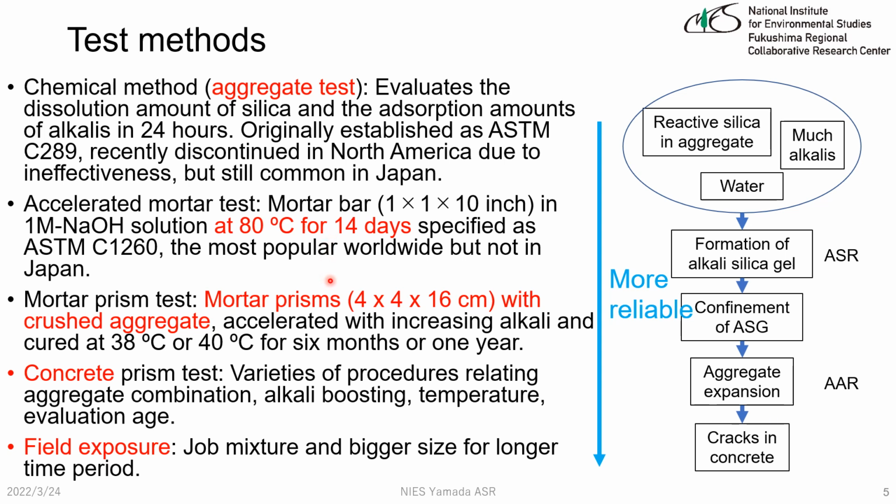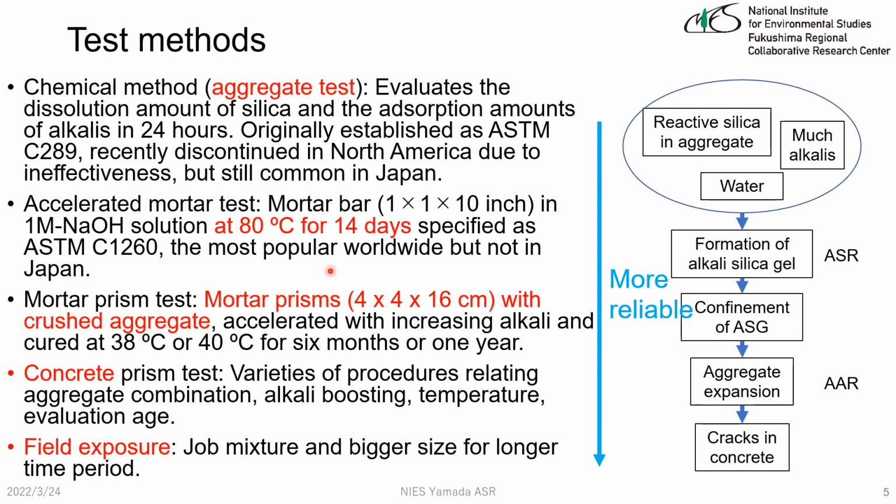Next one is a mortar prism test using a bit larger specimen, accelerated with increased alkali and addition, and cured at high temperature, around 40 degrees. And it takes half a year or 1 year. A more reliable test is the concrete prism test.